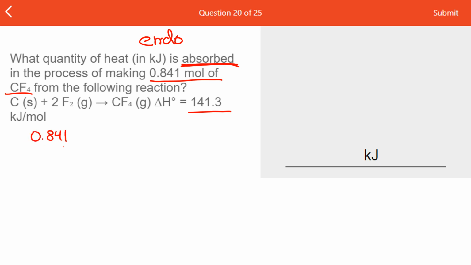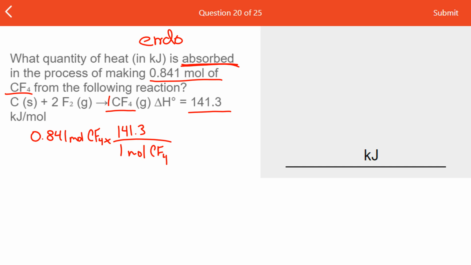All right. So again, I have 0.841 mole of CF4. And I look at CF4, I have a coefficient of 1. So that means 1 mole CF4. This is like easier than every chapter. All right.